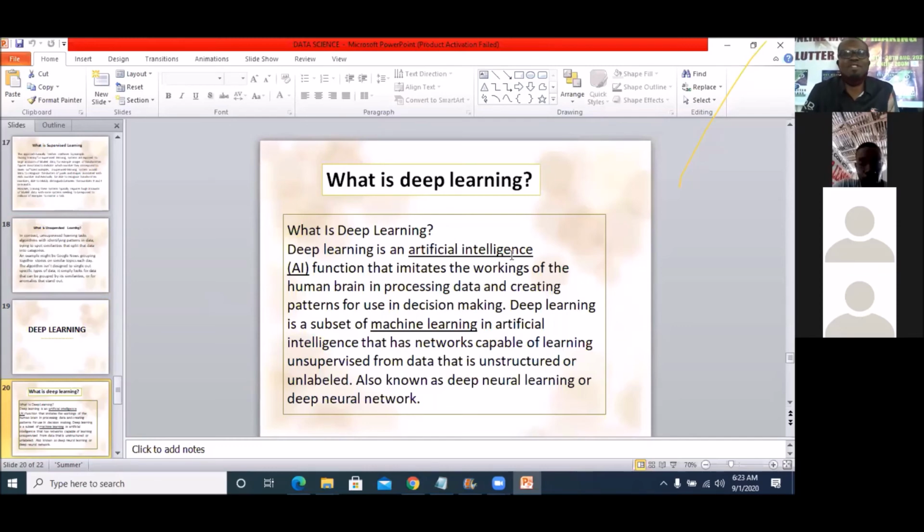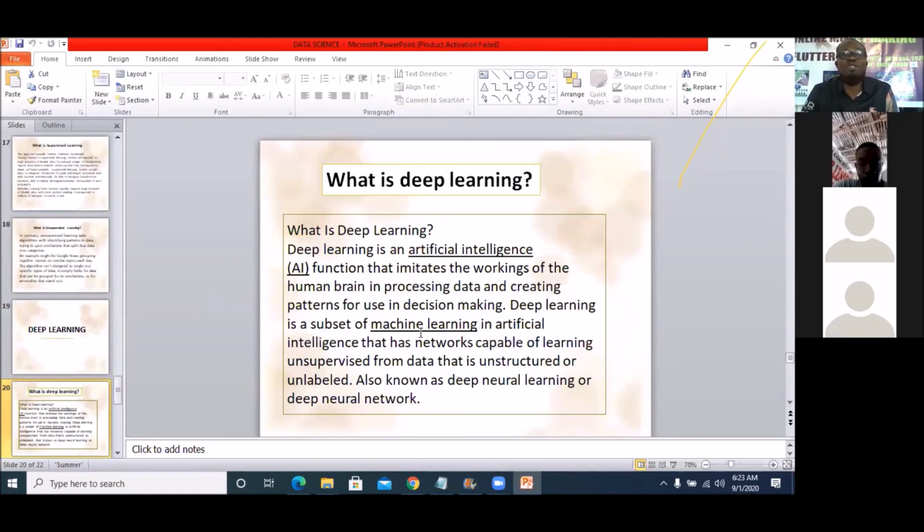Deep learning is the artificial intelligence AI function that imitates the working of the human brain. So in deep learning, it imitates the working of the human brain, and that's why deep learning is the most efficient way of doing machine learning, depending on the type of data that you have. So it imitates the working of the human brain in processing data and creating patterns for use in decision making.